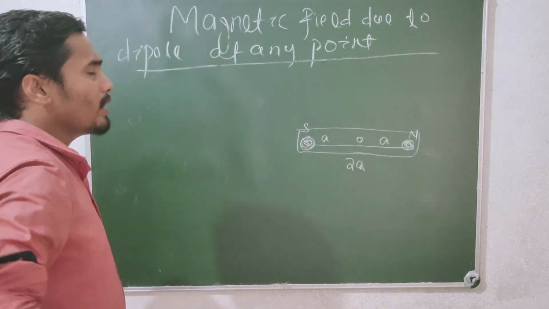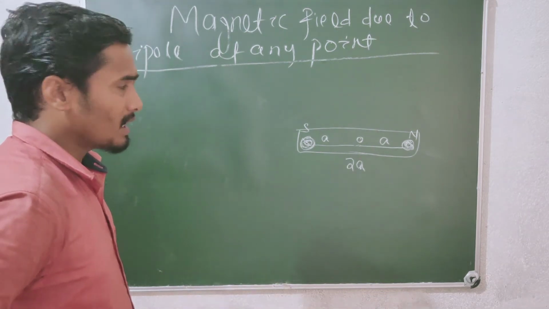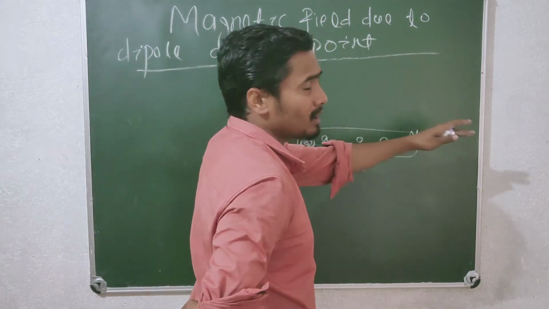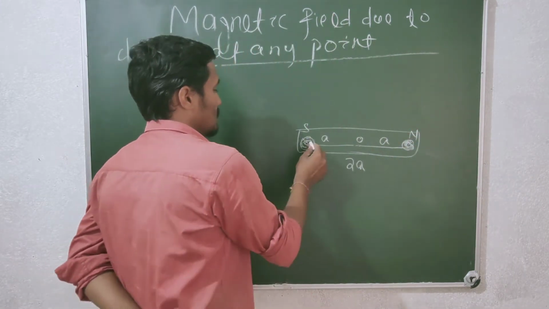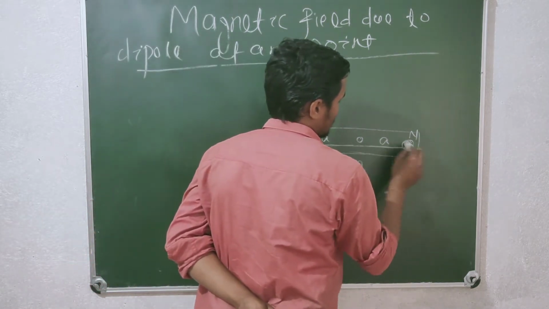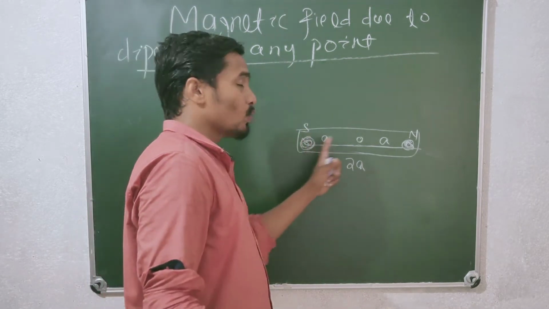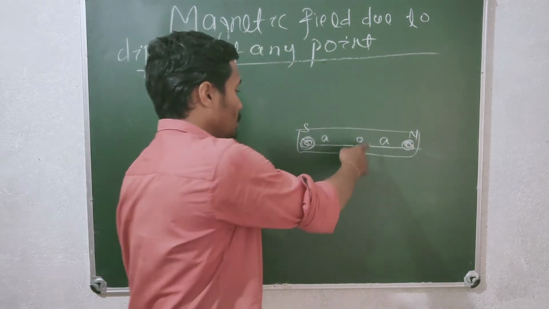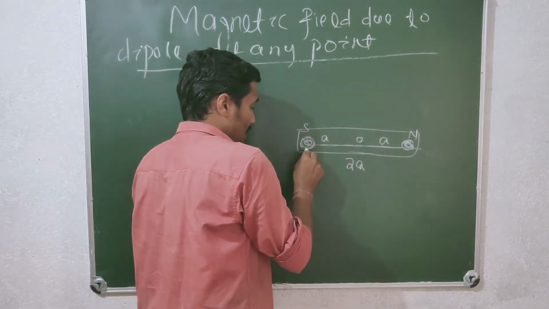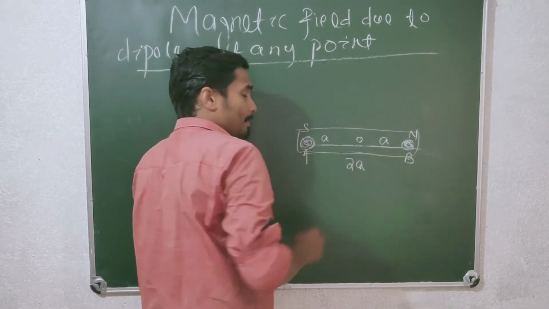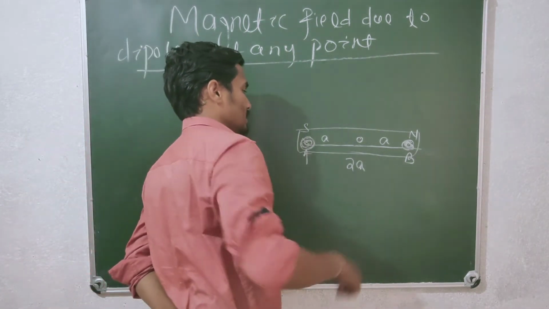Now we have to take a point which is present neither on the axial line nor on the equatorial line of the bar magnet. Let this be the axial line. What is the axial line of the bar magnet? The axial line is the line joining the two magnetic poles and passing through the center of the magnetic dipole. Let that line be AB, the magnetic length or dipole length.